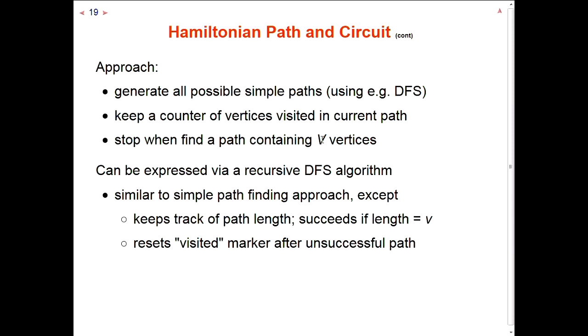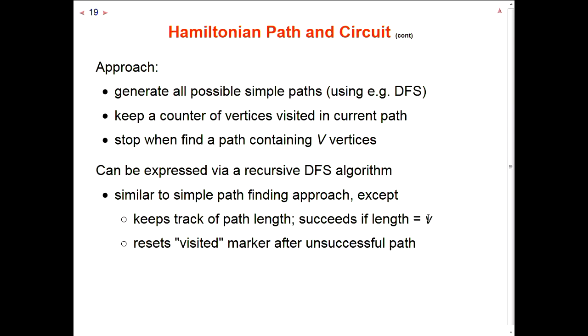So that can be expressed via a standard recursive depth-first search algorithm, which is very similar, even identical, to simple path finding, except that we keep a counter to keep track of the path length. And we succeed not if we have found a destination, because it doesn't really matter where we end. We only want to make sure that we have reached a destination with the maximal length, which is the number of vertices.